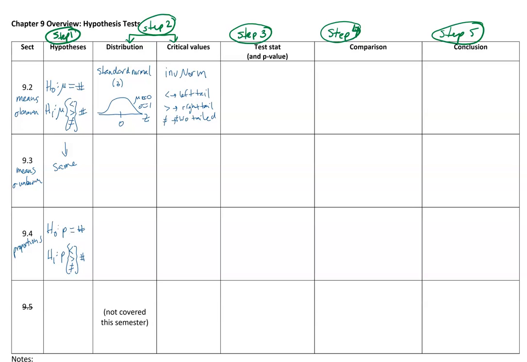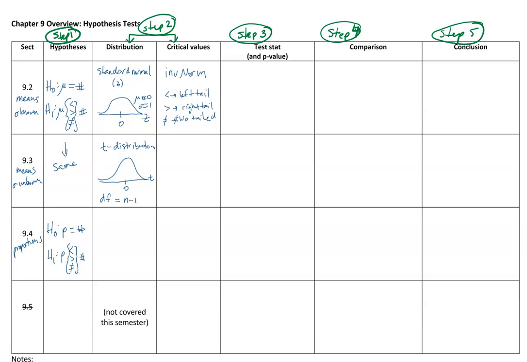All right, and then for means with sigma unknown, that's our one section that we use the t-distribution. Same kind of picture, with 0 in the middle. T-scores on the horizontal axis though, and what we have to keep in mind here is the degrees of freedom, df, is equal to n minus 1.